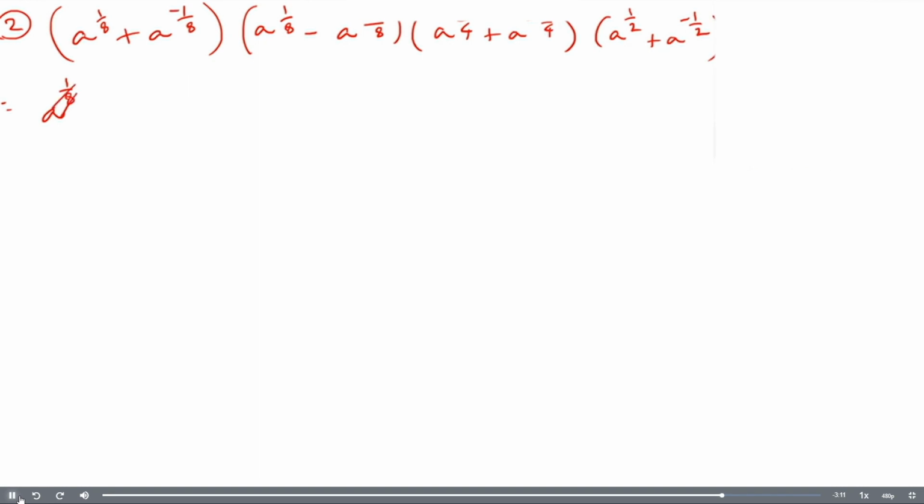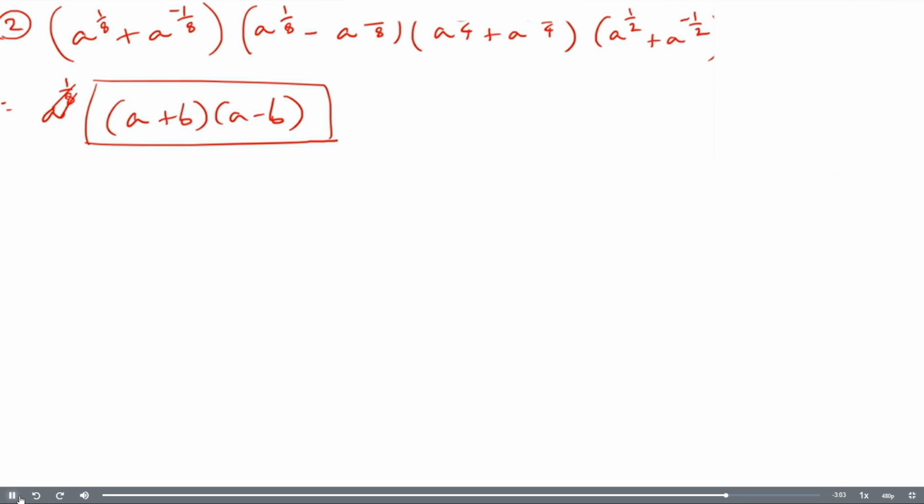Now look at this carefully. A plus B into A minus B. There is a formula which we had learned very long ago. A plus B into A minus B is equal to A square minus B square. Okay, very important formula which you have learned before. Now if you look at this question, A plus B into A minus B.